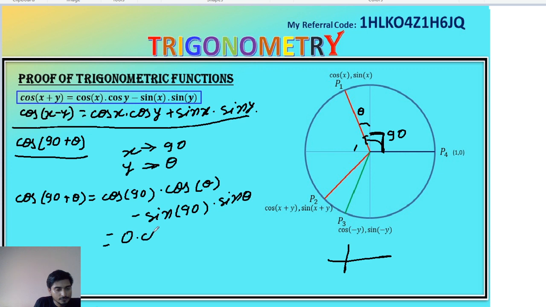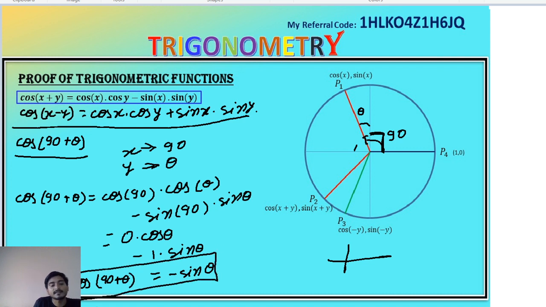So 0 into cos theta minus sin 90. Sin 90 is 1 into sin theta, right? So this can be written as 0 minus sin theta. So this gives us a formula that cos of 90 plus theta is equal to minus of sin theta. Is it clear or not? Hope it is clear to every one of you. Okay, next.